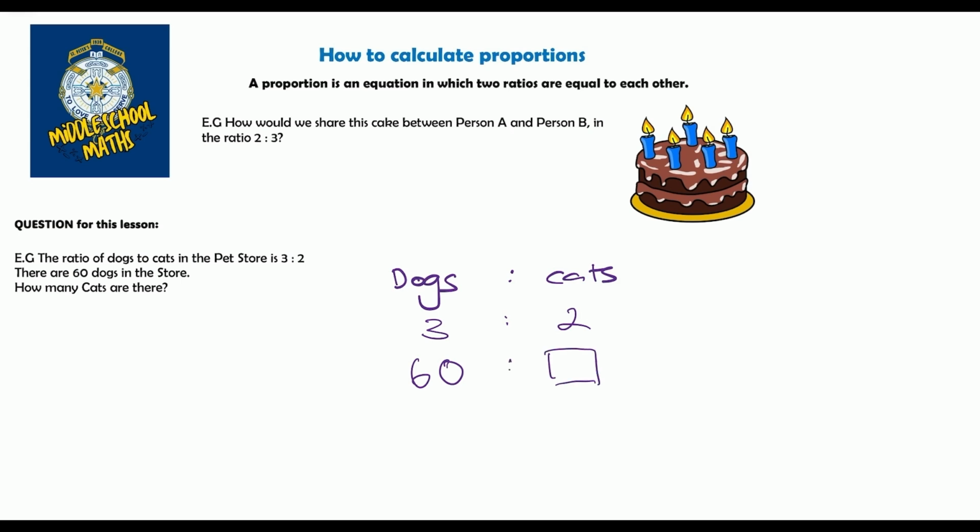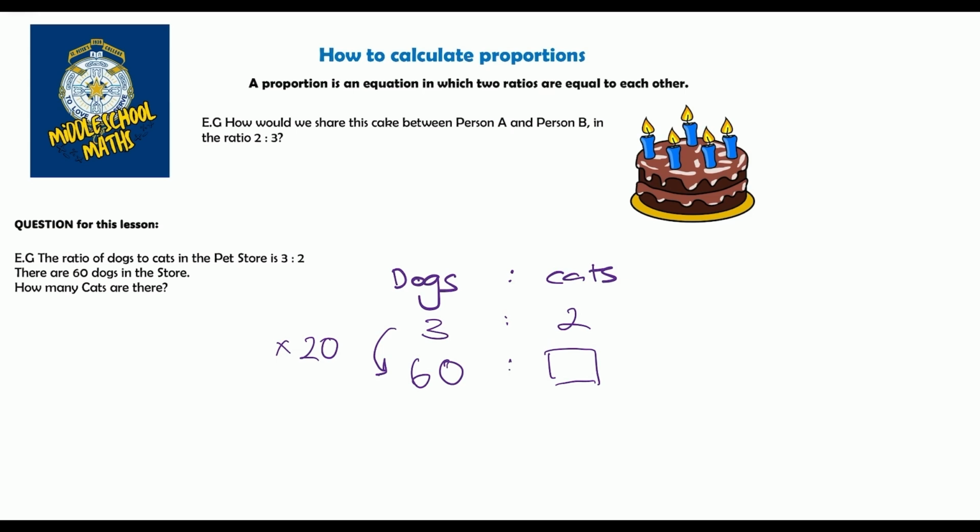And this here is an unknown for us. So we can figure out how many more this 3 has moved to get to 60. And we know that 3 times 20 gets us to 60.